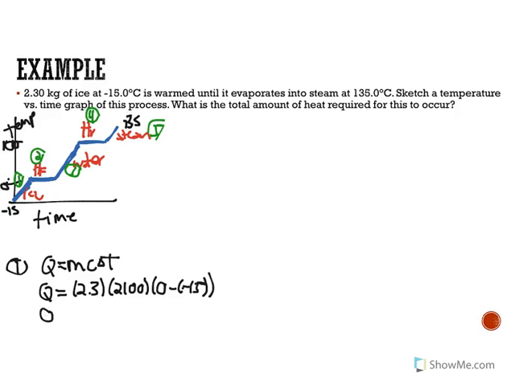Okay, so we plug that in. Let's figure out that value. So 2.3 times 2100 times 15. We get 72450. And remember, this is in joules, and let's convert it to kilojoules because we know we're going to have to add them up in the end.